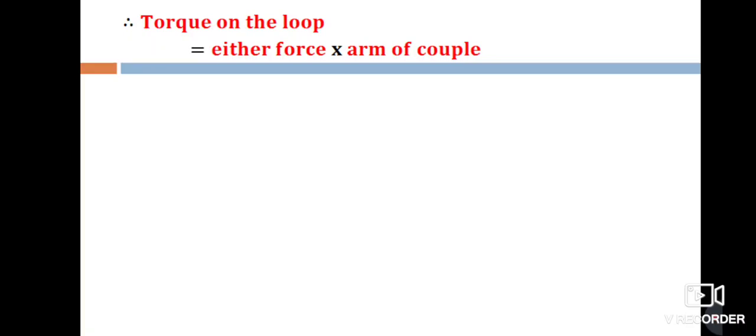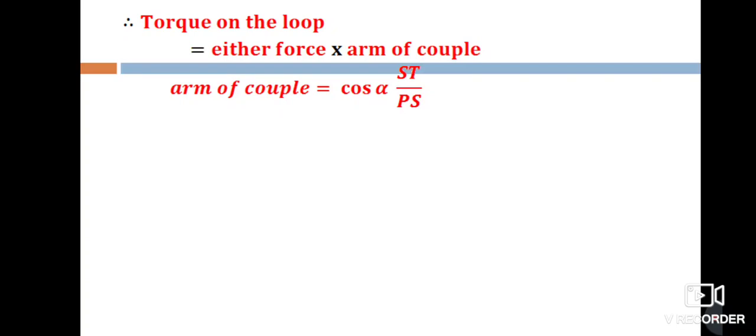Therefore, the torque on the loop is nothing but force into perpendicular distance. The force is either of the forces. Both the forces are the same, ILB we have taken. Into the perpendicular distance, which is nothing but the arm of the couple. Just go through the second diagram, there you can observe the arm of the couple.